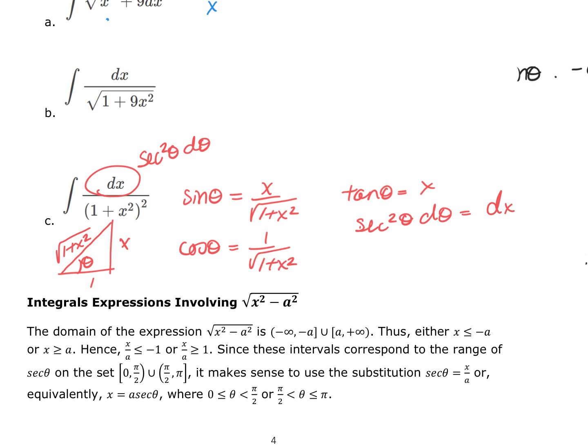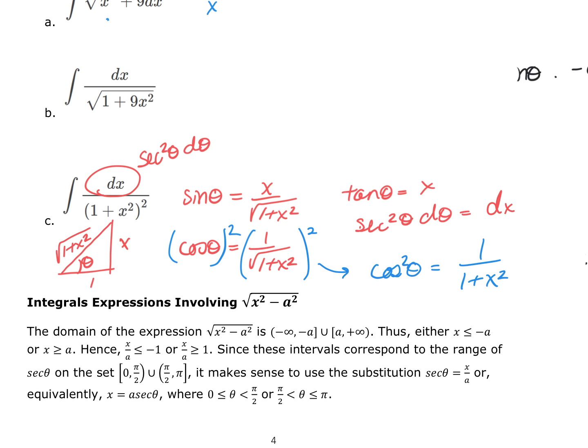Now I need to have 1 over the square root of x squared. Well, if I square this side and I square this side, then this becomes the cosine squared of theta is equal to 1 over 1 plus x squared. But that doesn't quite replace it.